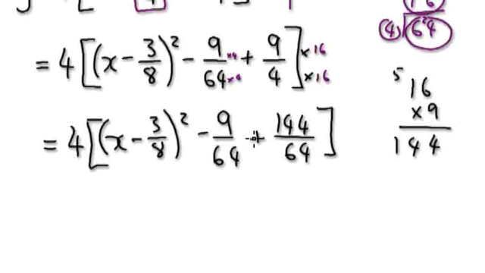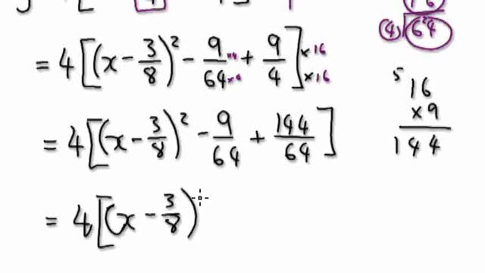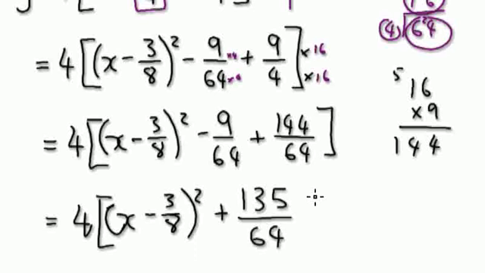So now it's 4 times (x minus 3 over 8) squared, and then minus 9 plus 144, which would be 135 over 64. Let me think. Yeah. Okay, so now this becomes this.